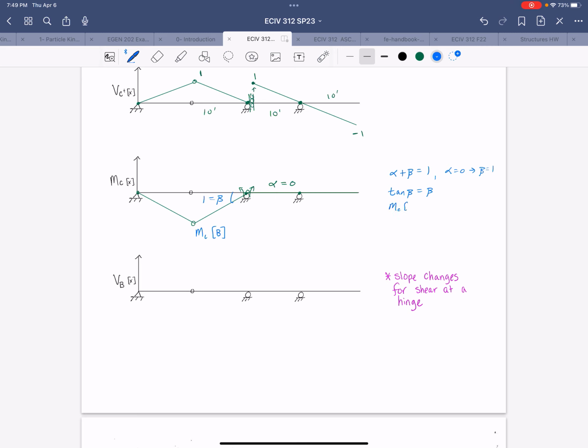So the moment at C when the unit load is at B divided by 10 feet, this distance of 10 feet, is our tangent of beta, so that's going to be equal to 1. So we find that the moment at C when the unit load is at B is going to be -10. And we'll write it on the influence line, because that's the easiest way to see the values.